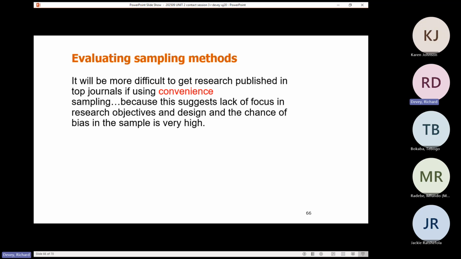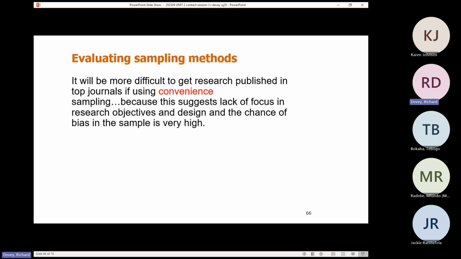And if it's a good project, a good, interesting topic, the work would be published. But some people would look down on convenience sampling and say it's not a good method to use. I think that's partly why people say that they're using purposive sampling as well, when in fact it probably is convenience sampling.